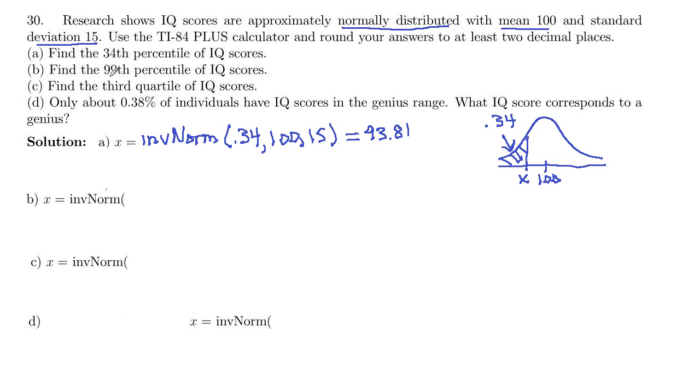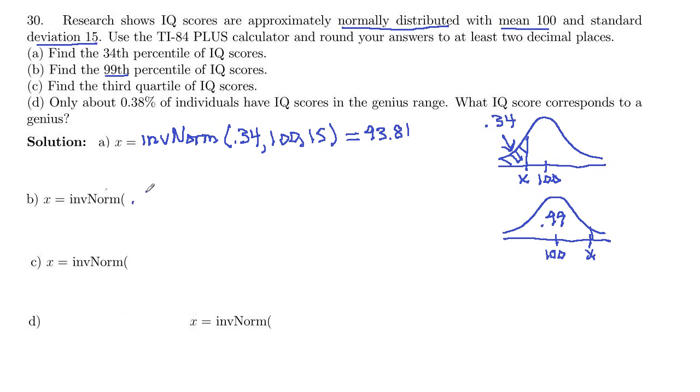Find the 99th percentile of IQ scores. So that means instead of 34% area to the left, we've got 99% of the area to the left. So that's going to be some number that's to the right of 100 out here, where the left area here is 0.99. So all this area here is 99%.